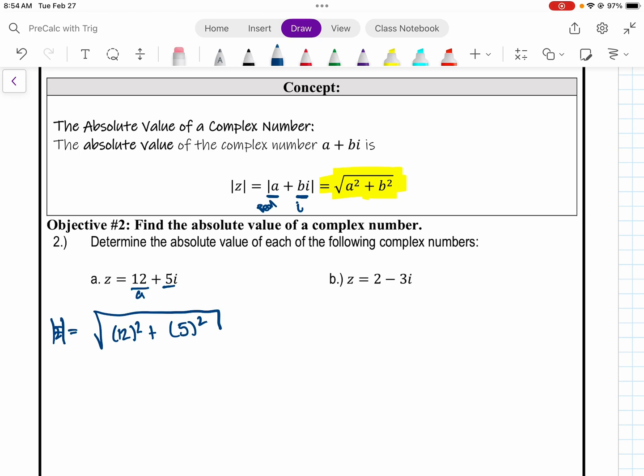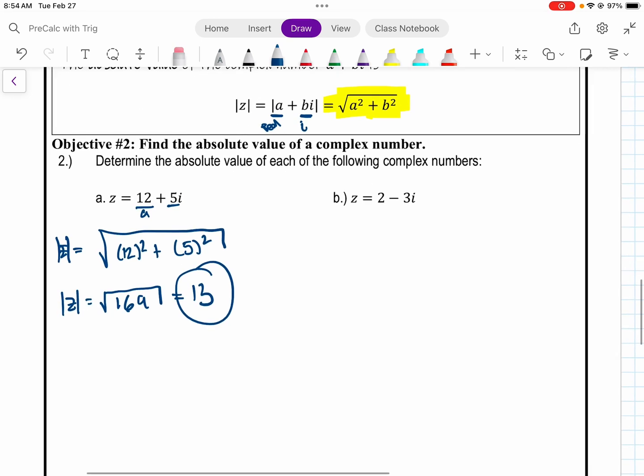Okay. Now what we're going to do is just simplify. You can put it in the calculator if you want to, or you can try to simplify it as much as possible. Once you simplify the inside, it gives you 169, and the square root of 169 is just 13.